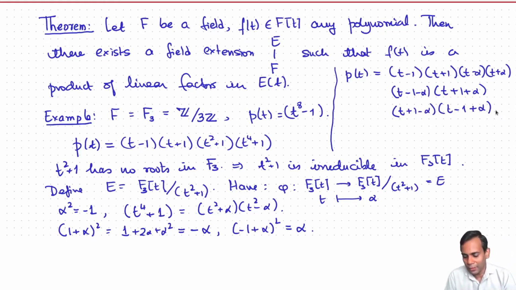So P(t) factorizes into 8 linear factors over the field extension E, which is just F3[t] mod t squared plus 1. Let's look at another example with the same polynomial, but instead of starting with F3, we'll start with Q.